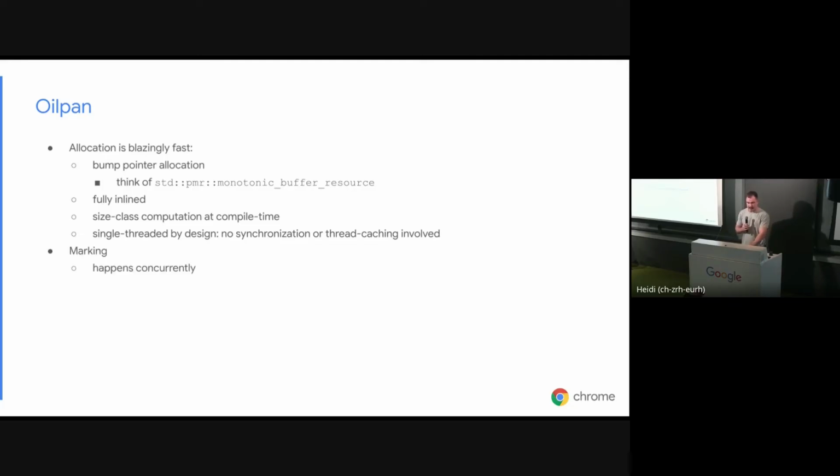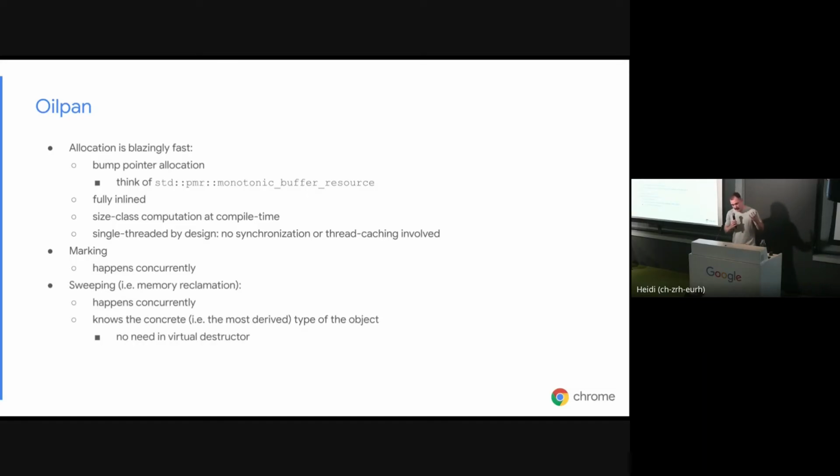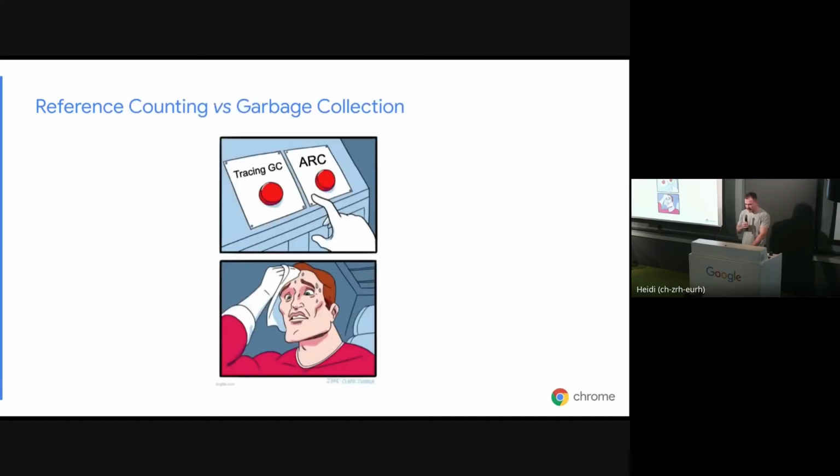So marking, as I've mentioned, is concurrent, and sweeping is also concurrent. What characterizes sweeping is that it knows the concrete type of the object to be destroyed. So we don't need virtual destructors, because we have our own RTTI, runtime type information. So the question becomes what to choose: reference counting versus garbage collection.